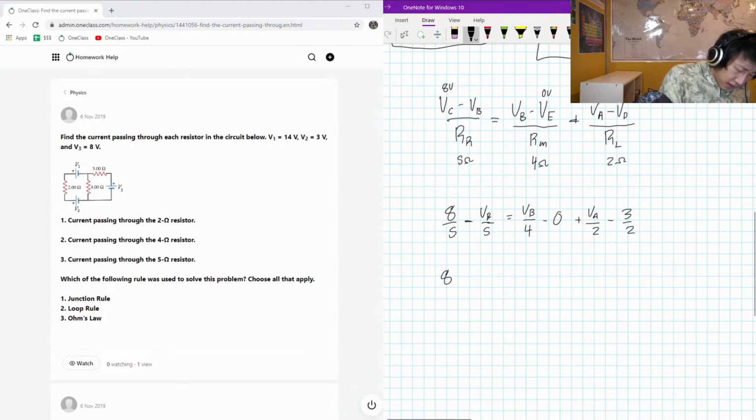So here we'll have 8 over 5 plus 3 over 2 equal to VA over 2 plus VB, and we'll factor VB out of these two terms, so it will be 1 over 5 plus 1 over 4.